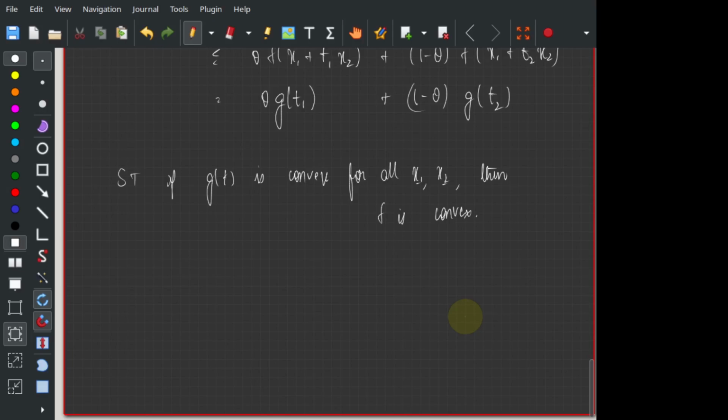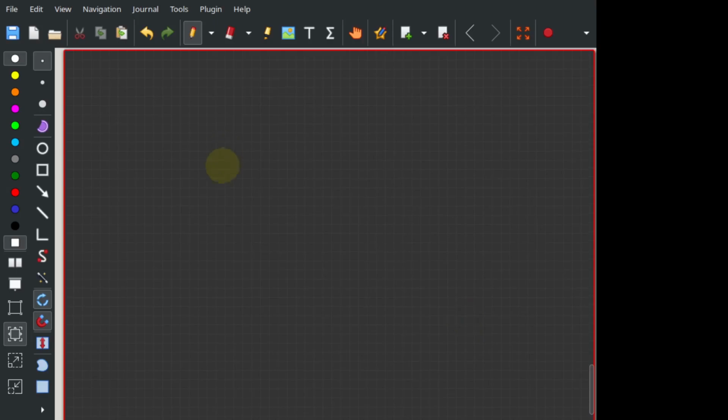Okay, so this is something for general functions f, which may or may not have first or second derivatives. But what if the first and second derivatives exist, that is, the gradient and the Hessian exist? We'll first see a first derivative test, wherein we only know that the gradient of f exists.